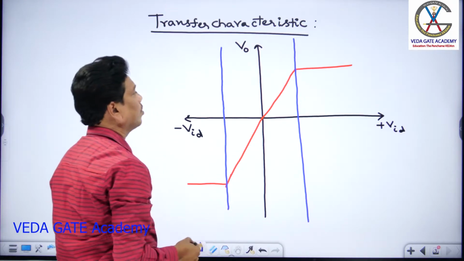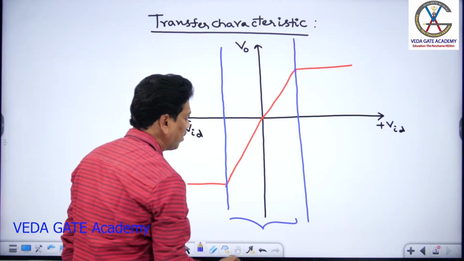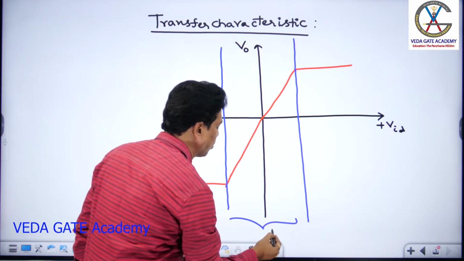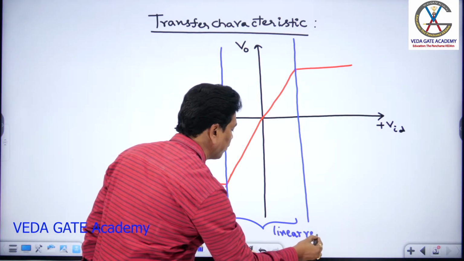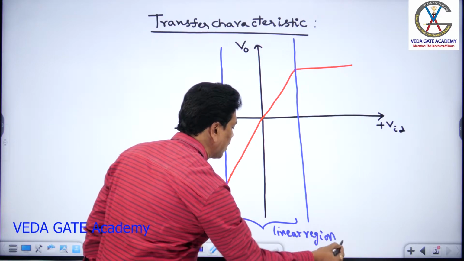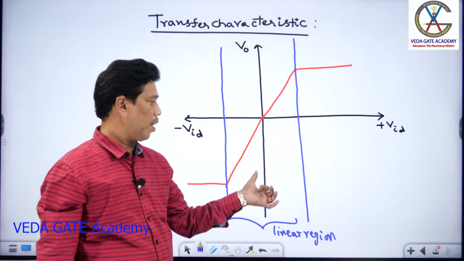In this place, the op amp acts as an ohmic element, that is a linear device. So it is called the linear region. This is the linear region of the op-amp where the output can be amplified properly for the given input.